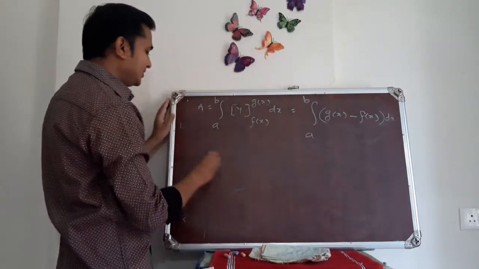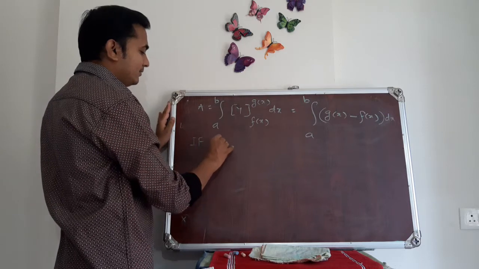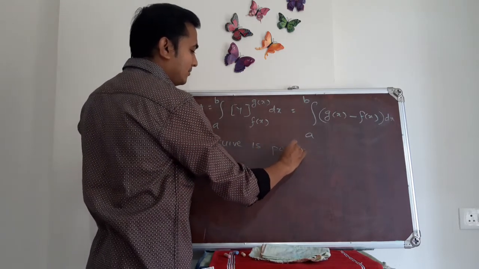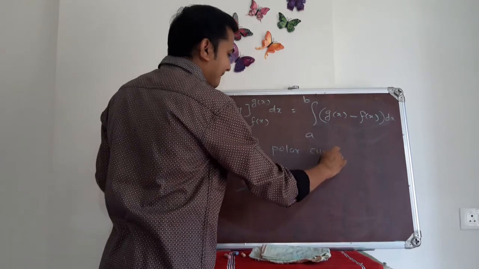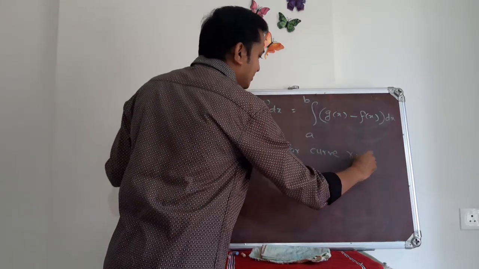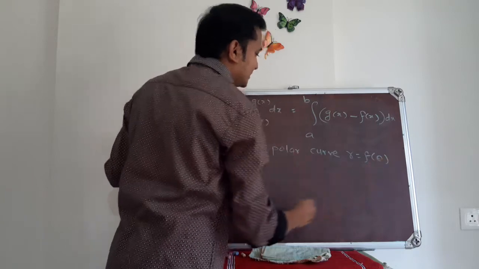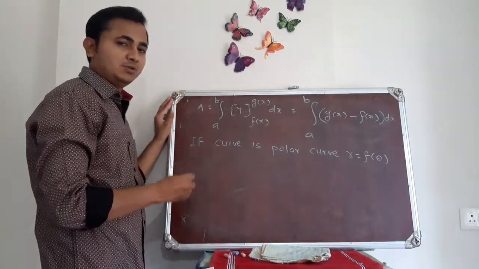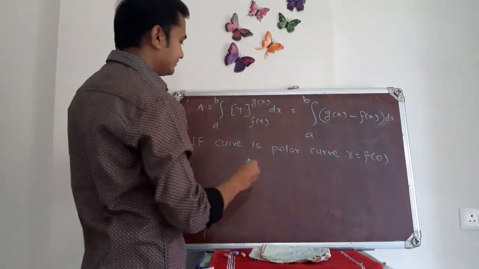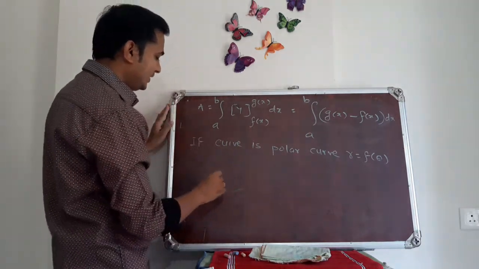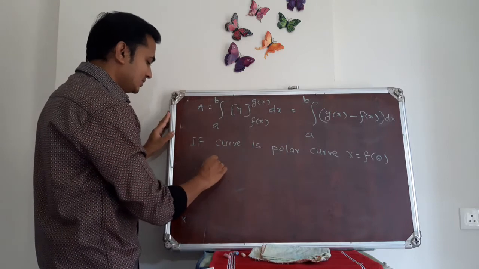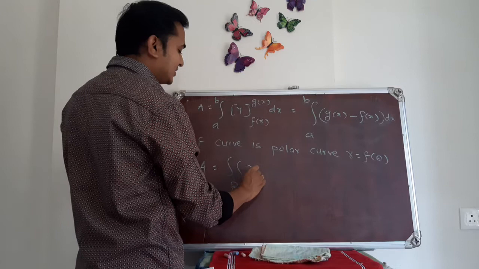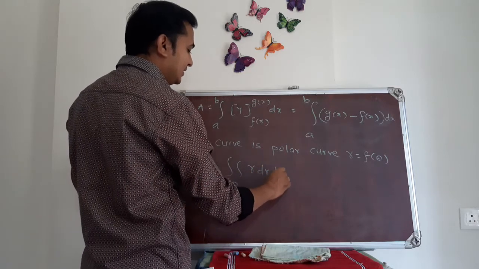So if your curve is a polar curve, r is equal to f of theta. Okay, that means there are two curves, r is equal to f of theta and r is equal to g of theta. So then A becomes double integral bounded by region R, dx dy is r dr d theta.